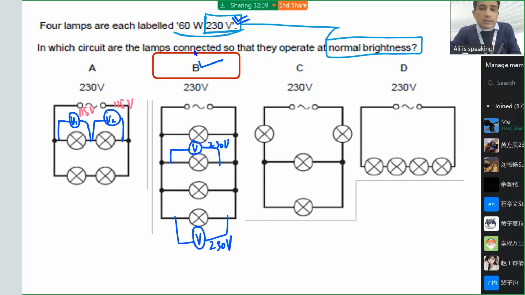As this is less than required, the brightness will be lower, meaning these bulbs will be dimmer than normal. So it's not possible. In this case also the potential difference will be lower across each bulb, so these bulbs will be dimmer. And they will be the dimmest because the voltage will be divided into four parts. So they will be very dim.